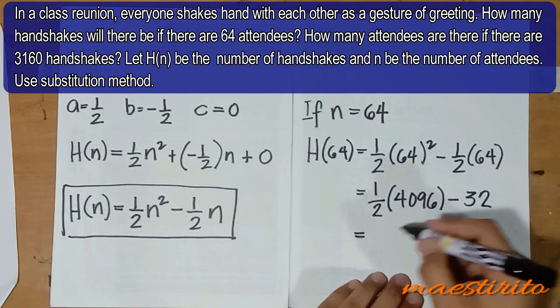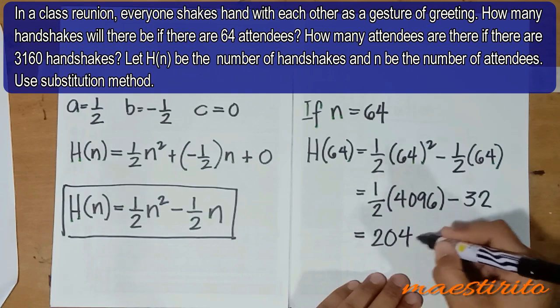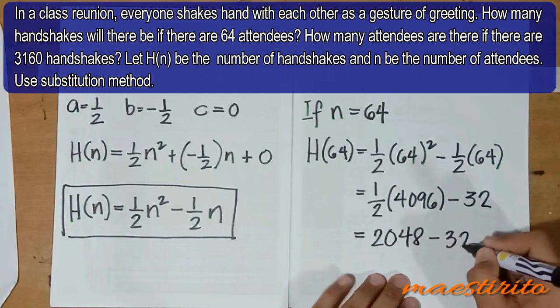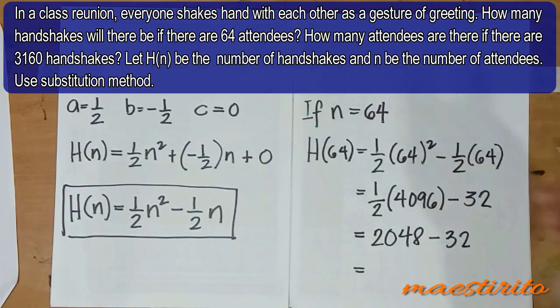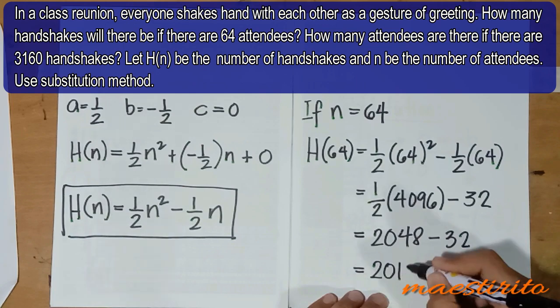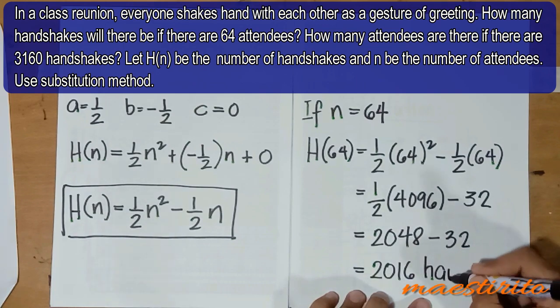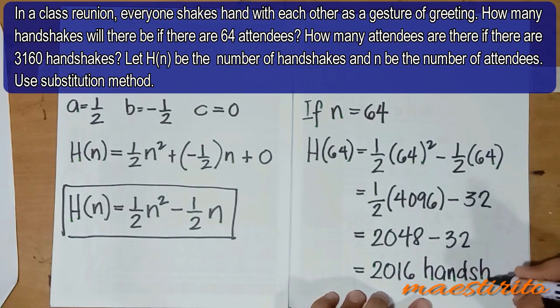That is 2,048. So minus 32. Therefore, if there are 64 attendees or persons in the reunion, then we will be having 2,016 handshakes. Okay? There you go.